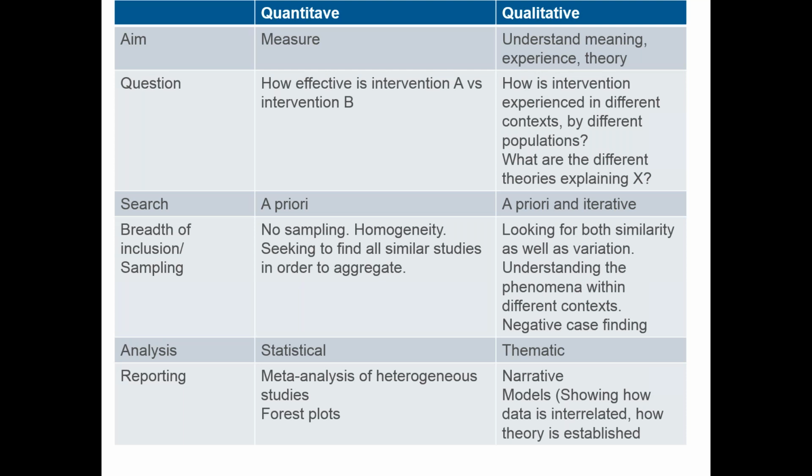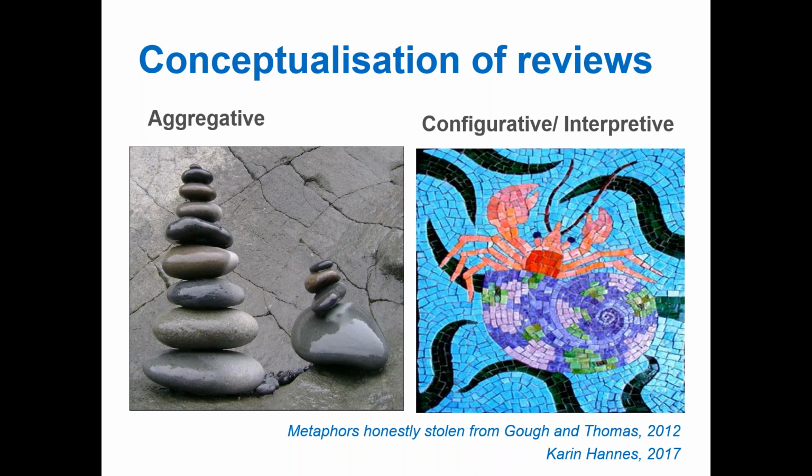Then in terms of conceptualization also, one can have aggregative reviews and configurative or interpretive reviews. Now, in aggregative reviews, as you'll see in the picture, they stack. So you'll find one thing and then you add to it, you add to it, you add to it, so you're aggregating. It's one on top of the other.